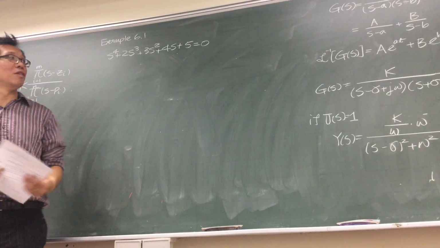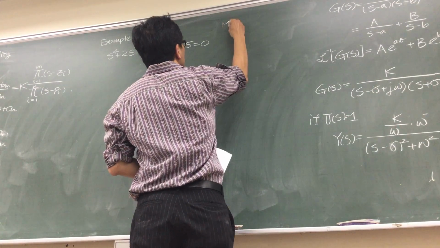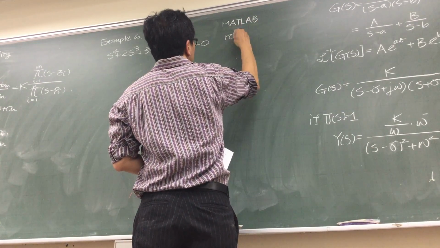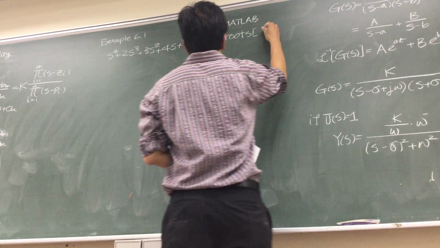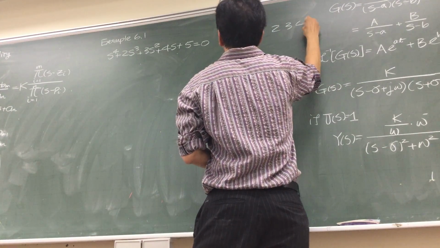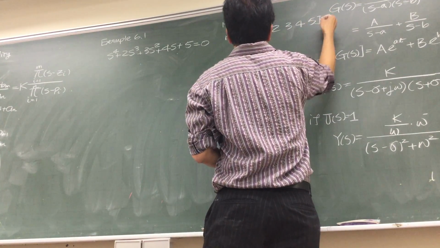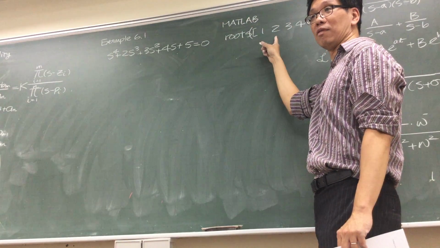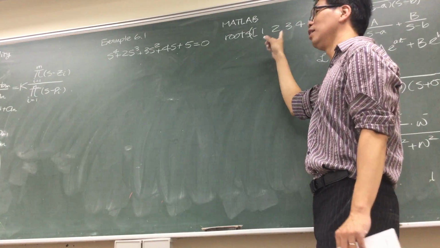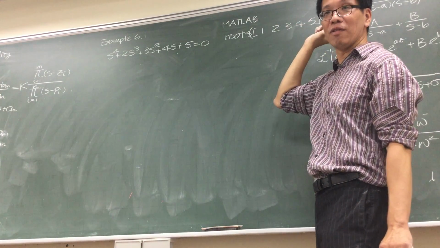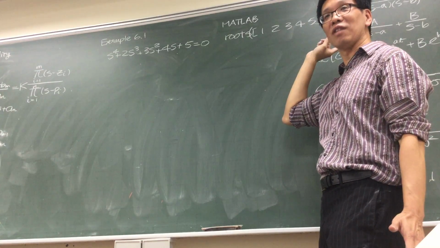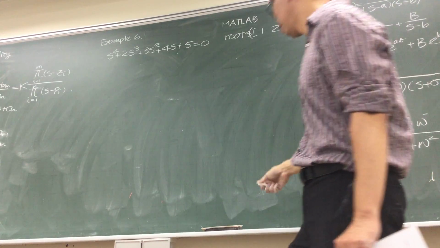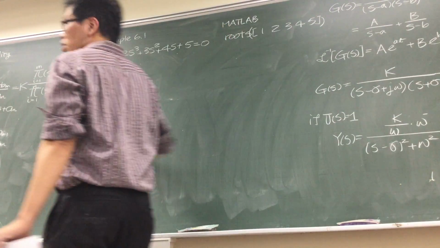You can use MATLAB, and it will give you all the roots. If you see any positive root, it means your system is not stable. Make sense? That's the easiest way. However, when you are taking the test, you cannot do that. You need to use those rules.